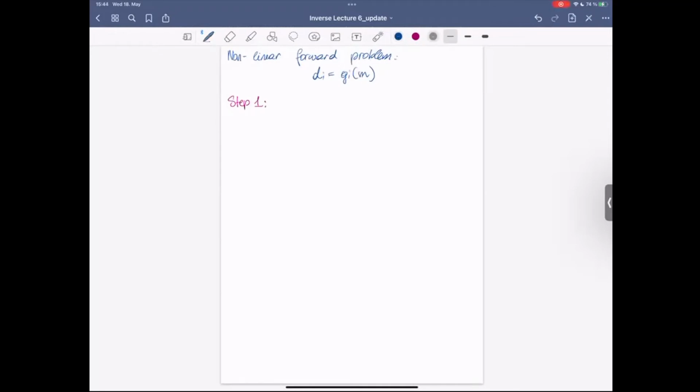Let's just recall the Taylor series. We can decompose any function f(x) into the sum of n equals 0 to infinity of f to the power of n about some point a, divided by n factorial, times (x minus a) to the power of n.